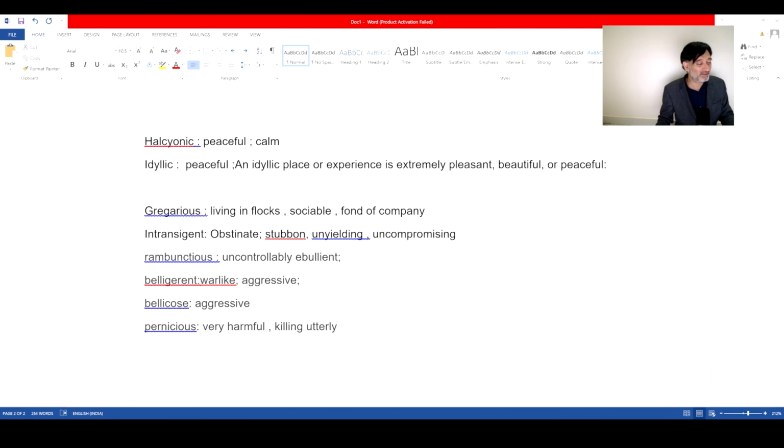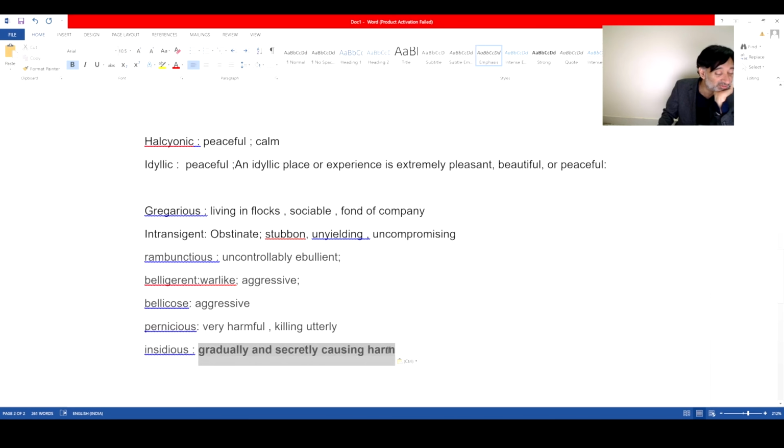I would just say gradually and secretly causing harm. That explains the word insidious. Gradually and secretly causing harm. You may not notice the effects of high blood pressure, but it will cause you harm. So it is insidious.